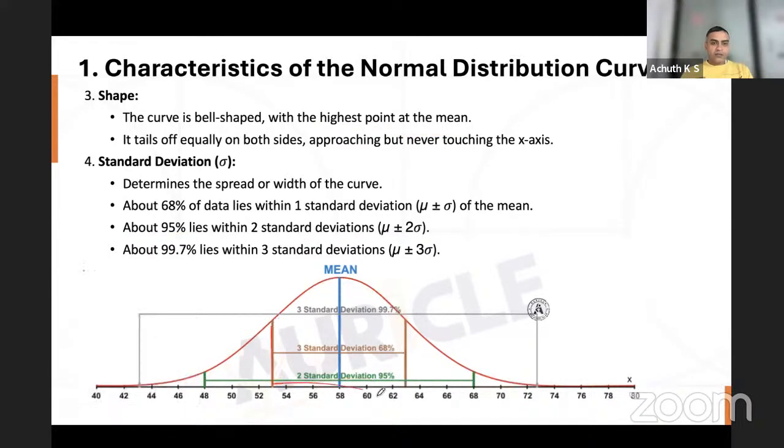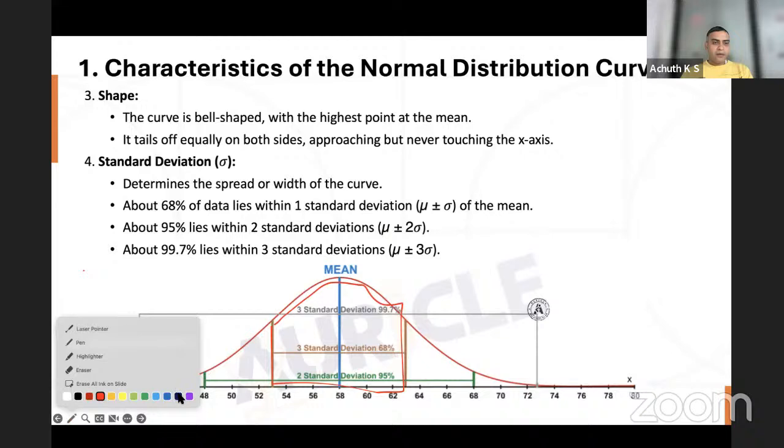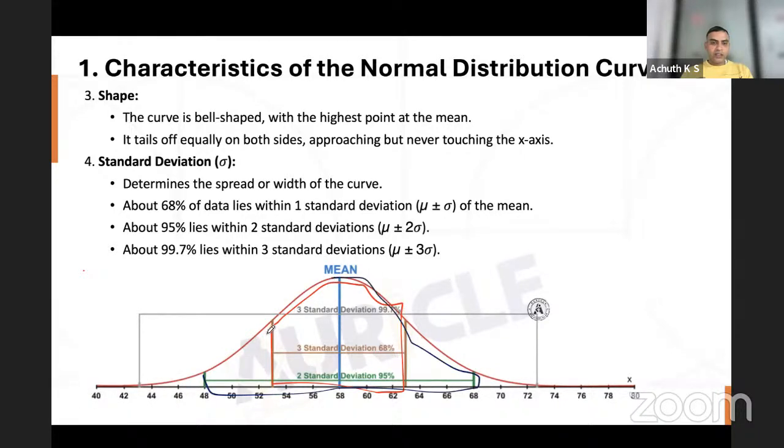This is the first standard deviation. This is the two standard deviation which you are getting. This includes that 95% of the data is there in the two standard deviation.